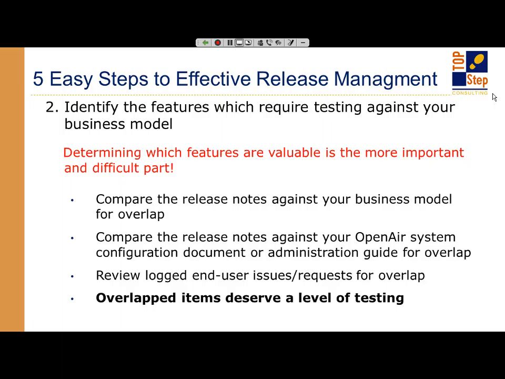So looking at the release notes that OpenAir produces, take a look and see what, if you're doing bookings for your resource scheduling or allocations for your resource scheduling, look at the features that are coming out in that module area, and would they help your team manage the data better, or view the data better, or enter the data better. And if it looks like there's a potential, then that's the kind of features that you can test.